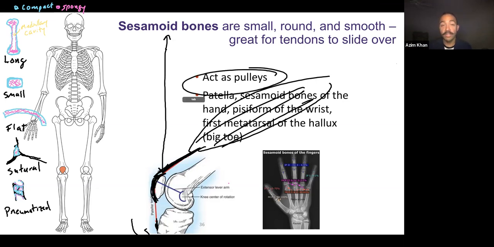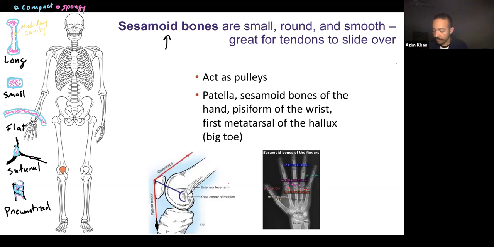It acts as a pulley. Same would be true for your phalanges, your wrist, for your toe. So sesamoid are a specialized type of bone.